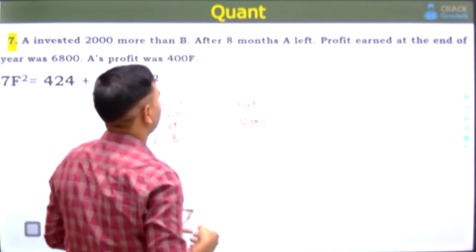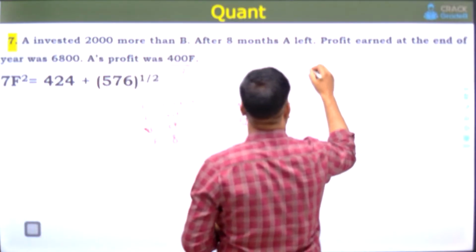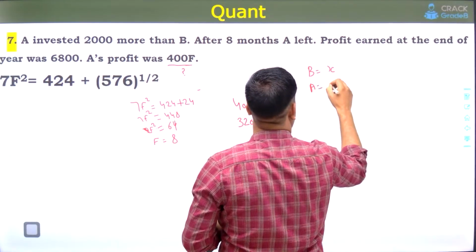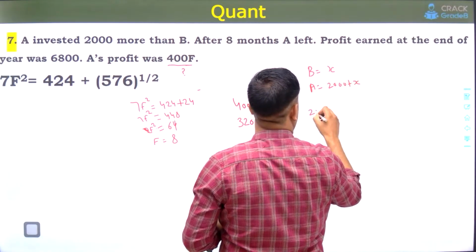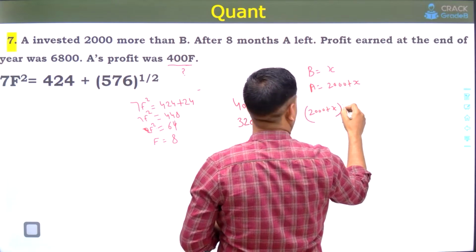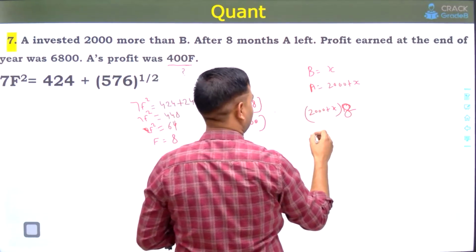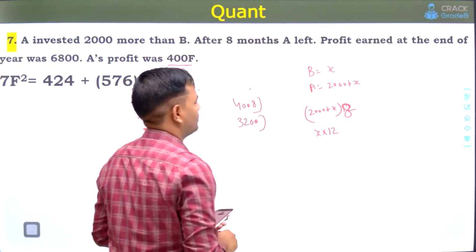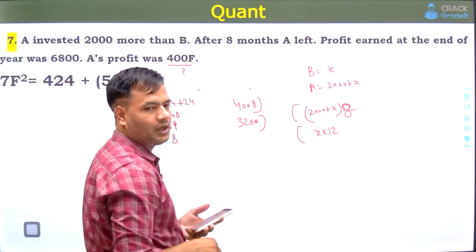You will get the profit of two equations. Suppose B invested X amount, so A's investment will be 2000 plus X. So total investment will be (2000 plus X) into 8, because after 8 months A left. For B it will be 12. So this will be the ratio of their earnings.